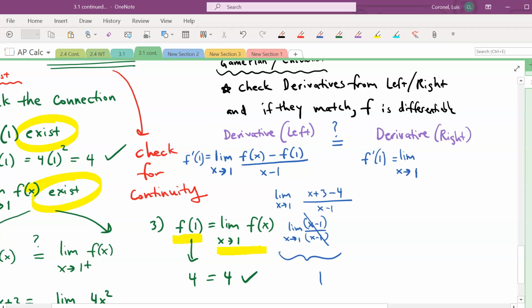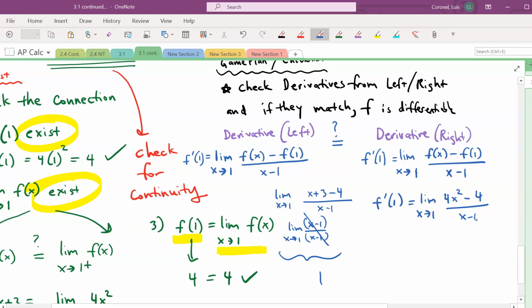Let's write our formula: f of x minus f of 1 over x minus 1. That's the alternate definition of derivative again. F prime of 1, that's the derivative at 1. We're going to use the 4x squared minus f of 1, which is 4, over x minus 1.